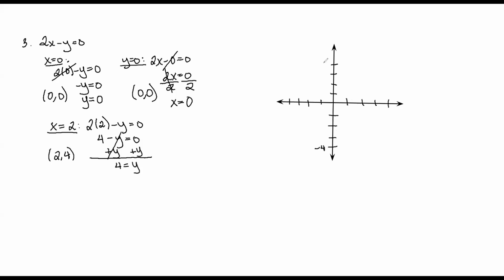So -4, 4, -4, 4, x-axis, y-axis. So we're going through the point 0, 0, that's our origin. And then the point 2, 4 means we go right 2, up 4. And graphing our line through those 2 points, we get this line that goes up to the right.